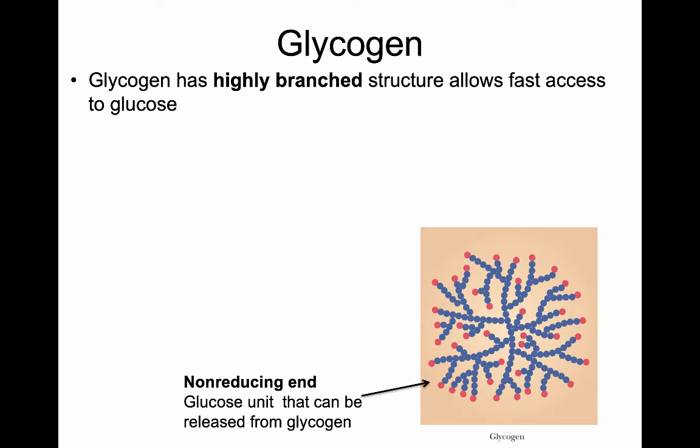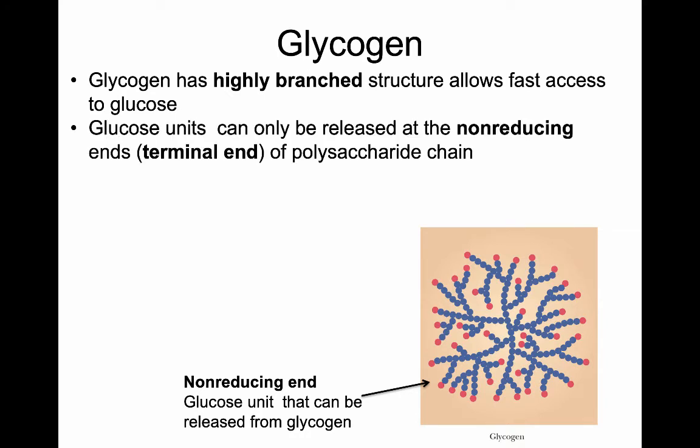This highly branched structure of glycogen is really important because it allows it to function by providing very fast access to the glucose residues. One thing about glycogen is that these glucose units can only be released at the non-reducing ends, that is, at the terminal ends of a polysaccharide chain.